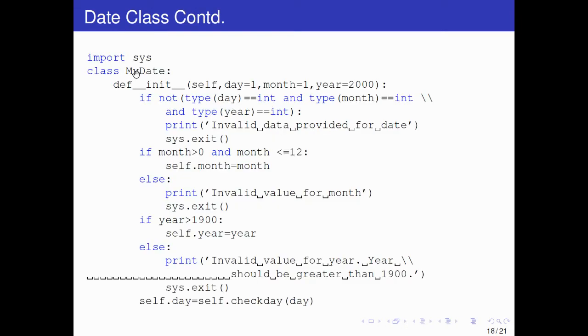So this was the program, a class my date, and this self is the object, and these are variables.